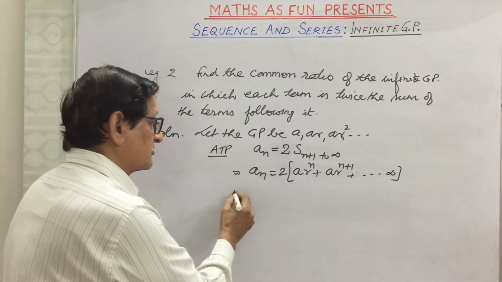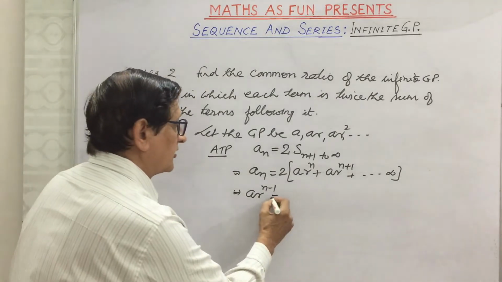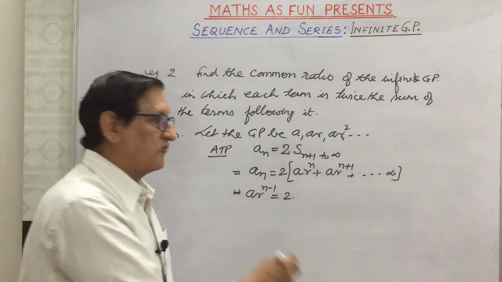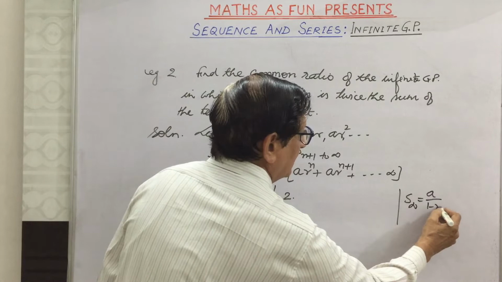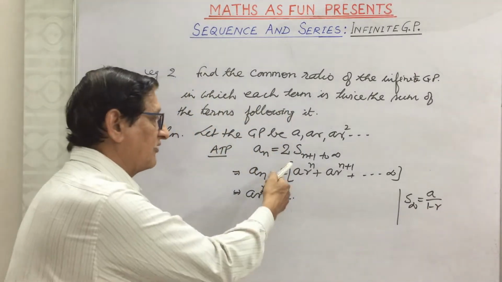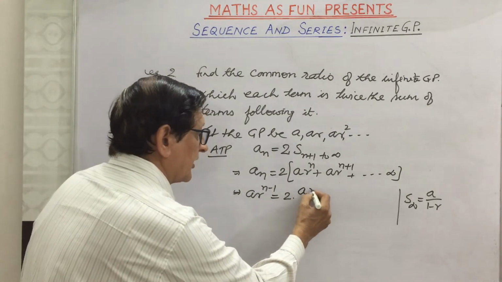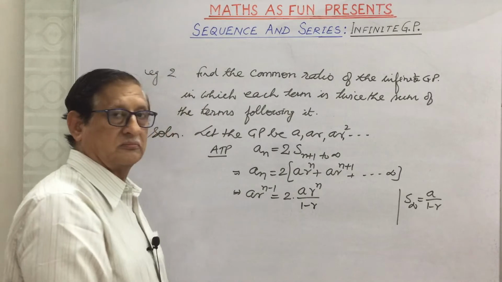We know the value of this: a r power n minus 1 equals twice the sum of an infinite GP. We already know the formula, the sum of infinite terms is a upon 1 minus r. Here the first term is a into r power n, so we write a into r power n upon 1 minus r.